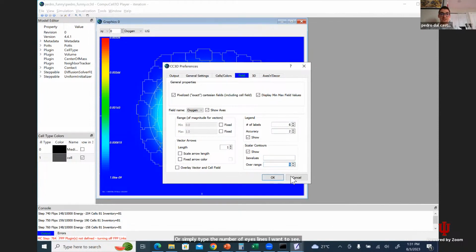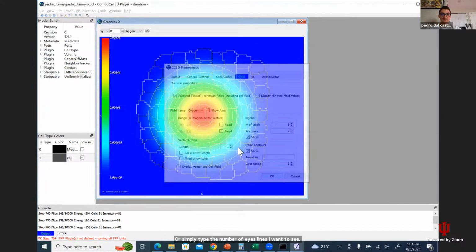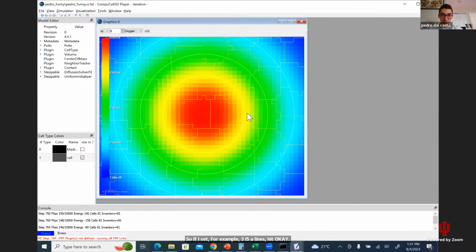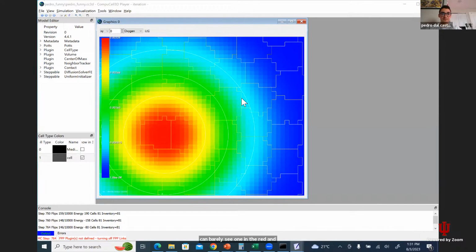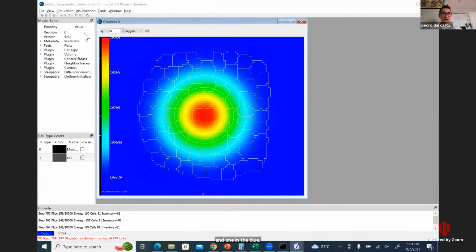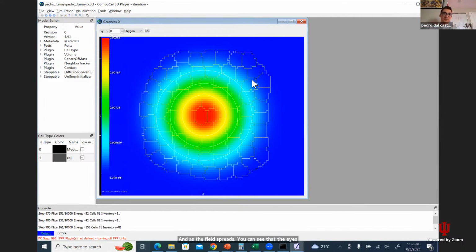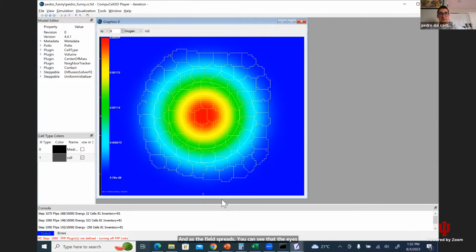So if I set, for example, 3 isolines, hit OK, I will see 3 isolines. So one here in the yellow, which I can barely see, one in the red and one in the green, sorry, and one in the blue. And as the field spreads, you can see that the isolines grow in radius, okay?